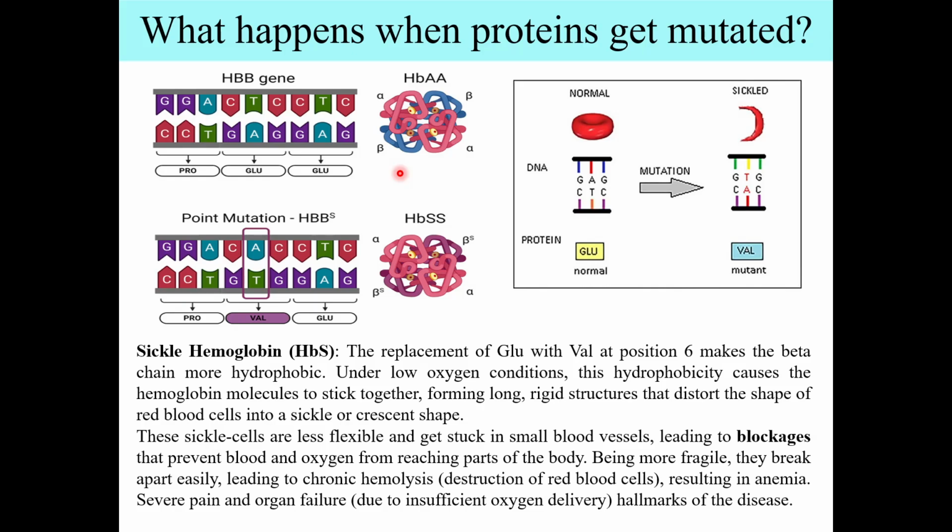Okay. Now we will try to look at what happens if these proteins get mutated. In our last lecture, we studied how important proteins are in our body. Proteins are important as hormones, as enzymes, as immunoglobulins and the defense mechanism in our body.